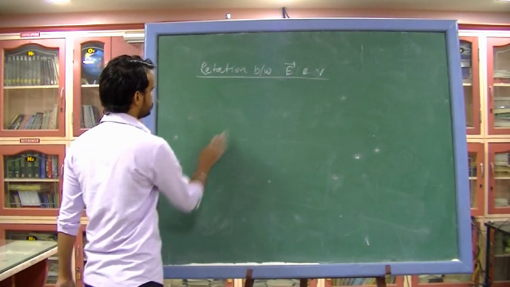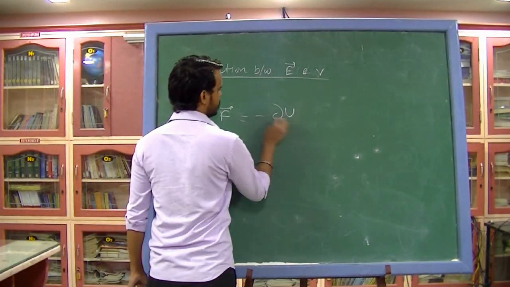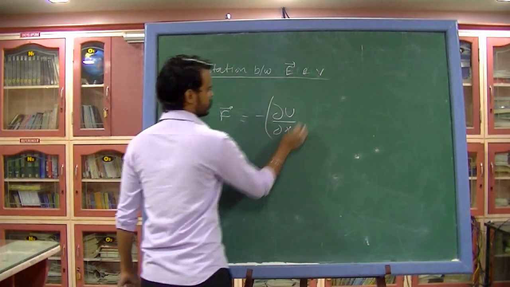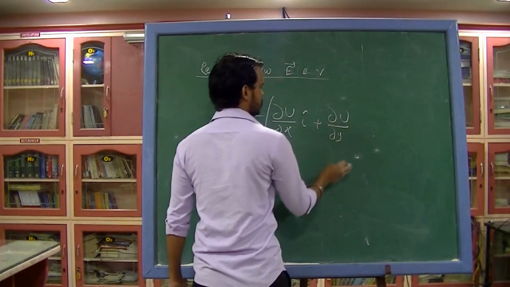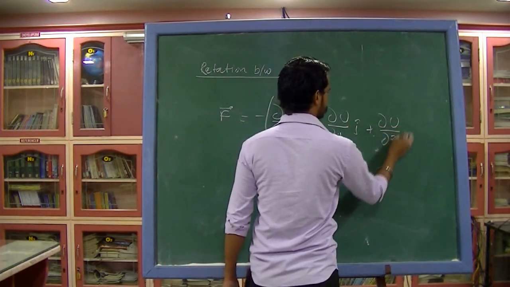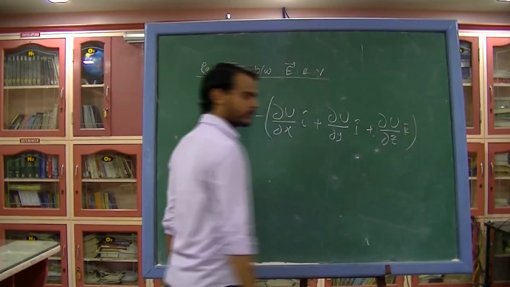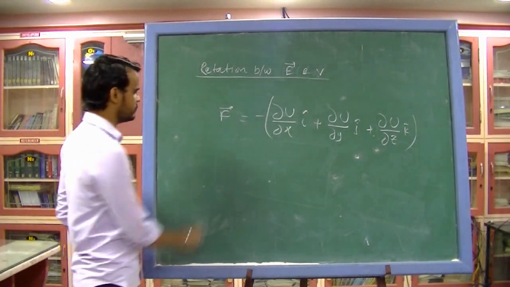In the last class we have written electrostatic force can be given by minus of dou U by dou x i cap plus dou U by dou y j cap plus dou U by dou z k cap. If I divide this whole equation by q, I will get F by q, which will be electric field.